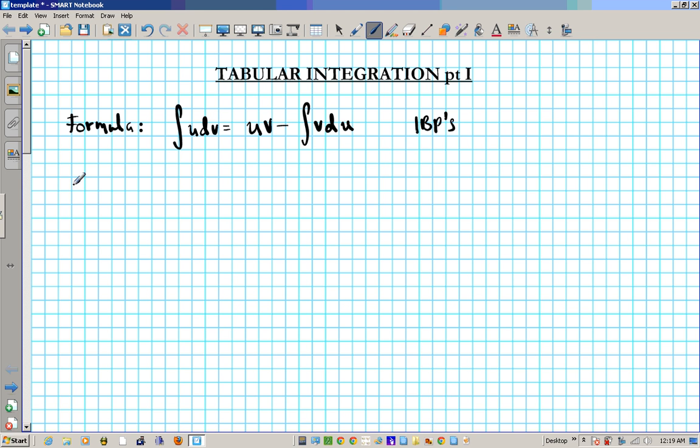The types of functions that are candidates for tabular integration are as follows.